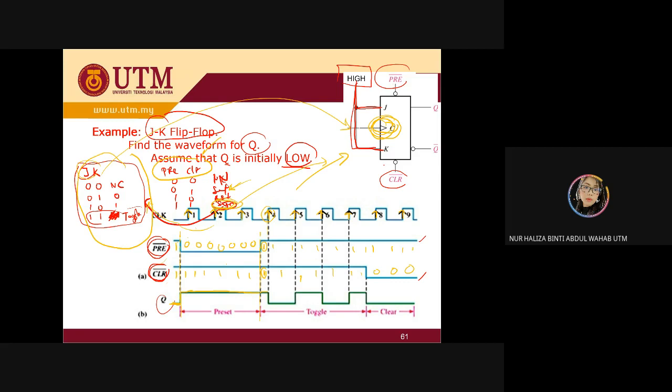Flip-flop is positive clock here. Here will be a trigger or change. 1 and 1 is going to be toggle. Sorry, this one is JK. Yeah, JK is 1 and 1. You can see here, it's going to be toggle.